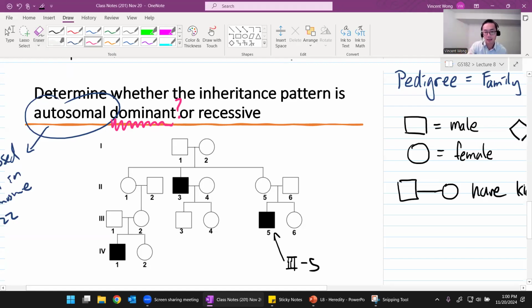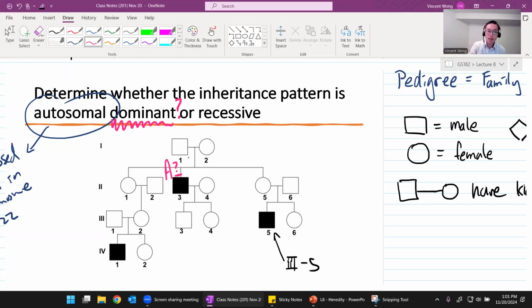So we can use A as our allele. Okay. So this person has the condition. If it's dominant, then he must have a capital A. Now, we don't know if he's big A, big A, or big A, small a, right? We don't know. It could be either one of them.